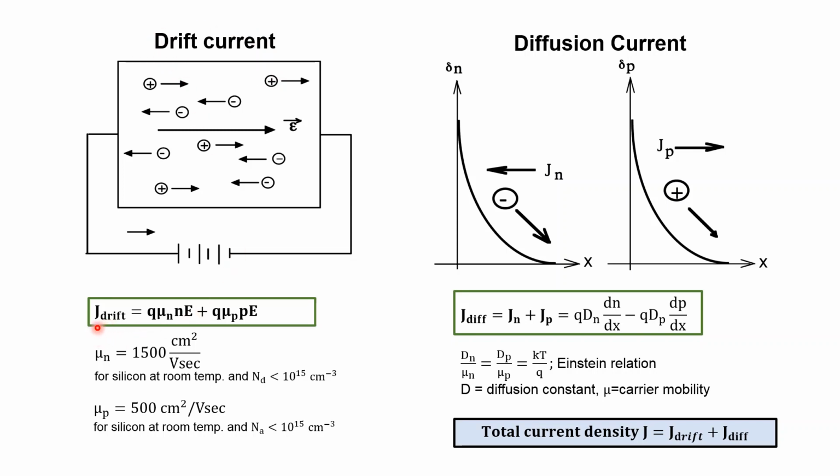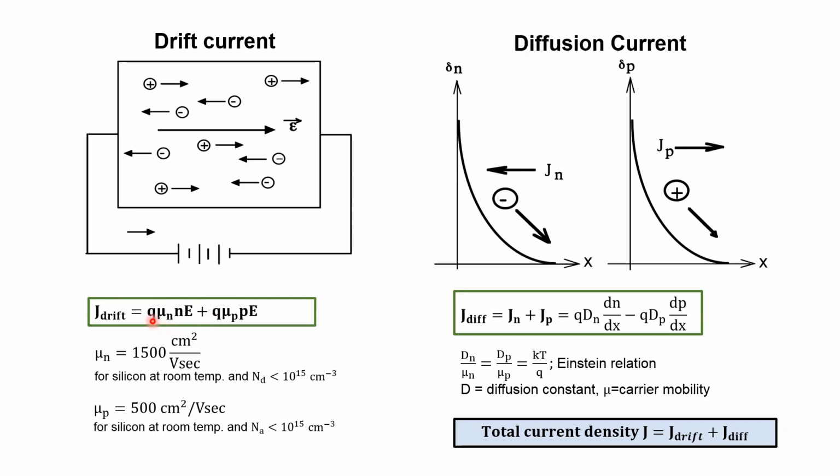So drift current density J is nothing but current divided by the cross sectional area of this material. So drift current density is equal to this part plus this part. So this part is the drift current density due to electrons, and this part is the drift current density due to holes.